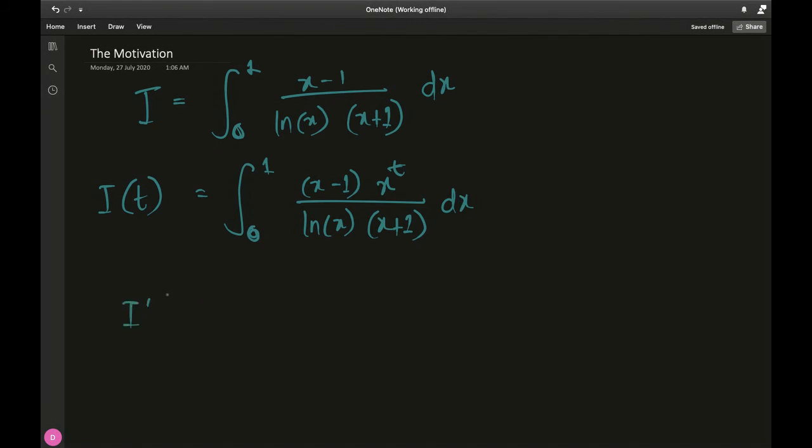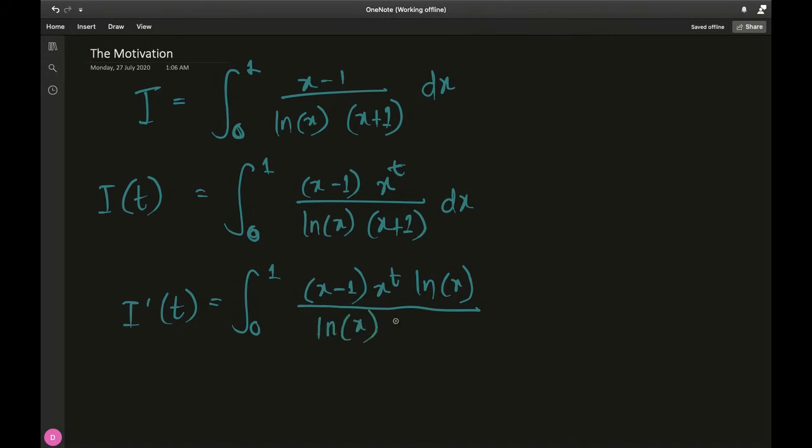So when you take the partial derivative with respect to t of this, integral from 0 to 1 now becomes x minus 1 times x to the t times natural log of x by the chain rule. Differentiating x to the t will give you natural log of x times that same term divided by natural log of x times x plus 1 dx.